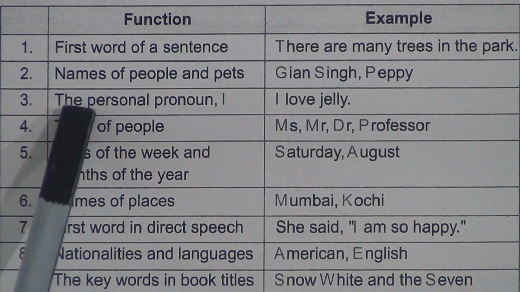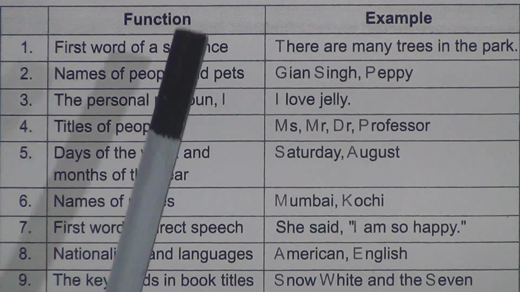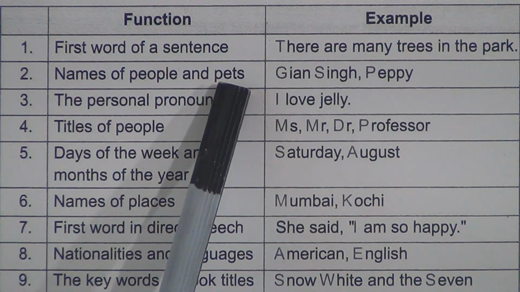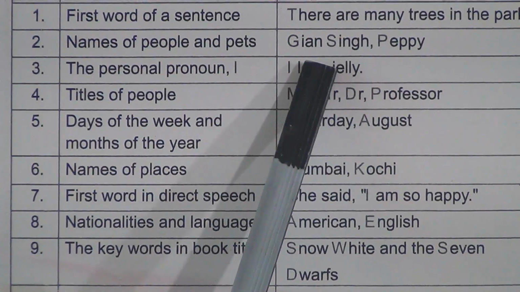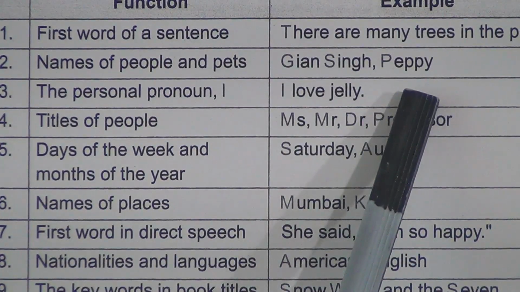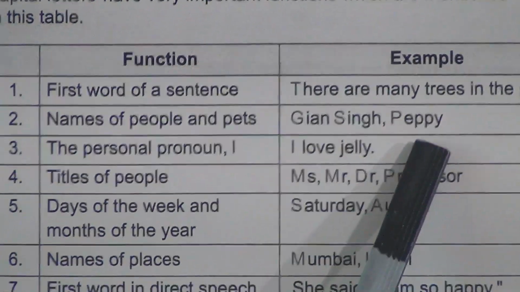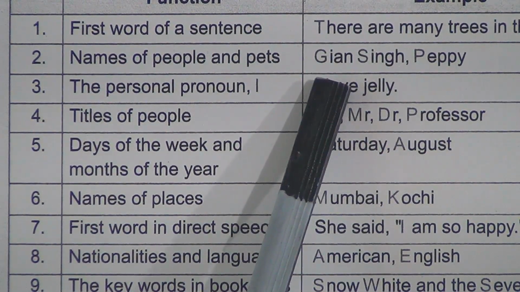Number 2, names of people and pets. When we write the name of any person or pet, we write in capital letters. Jiang Singh, Pepe. These are names of people and pets. That's why we write in capital letter.